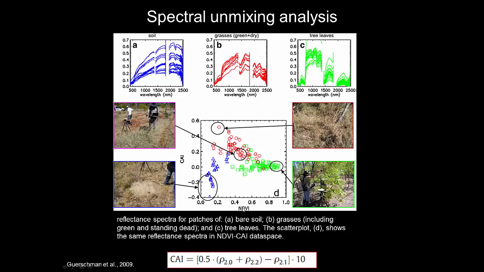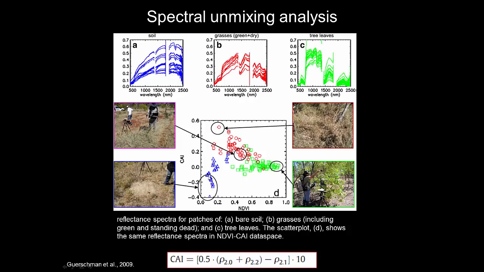You already know NDVI, but CAI is the cellulose absorption index, and it uses the strong absorption features that happen in the 2 to 2.2 micrometer range, and therefore indicates the presence of cellulose. The typical applications for this index are crop monitoring, plant canopy senescence monitoring, and also grazing management.